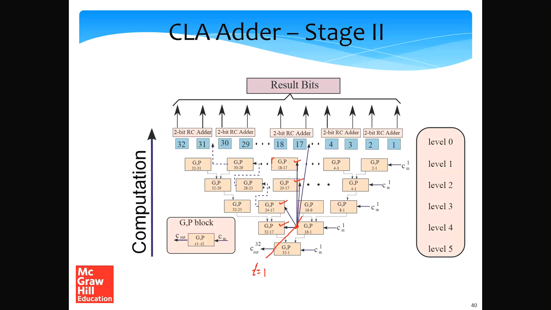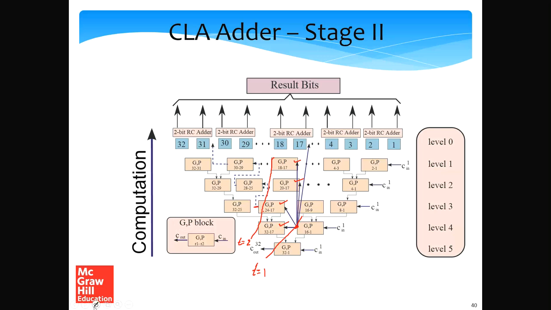And then at t equal to 2, the carry out at the end of these blocks would be there. For example, at t equal to 2, this GP block would be ready with a carry out of the 24th bit pair.